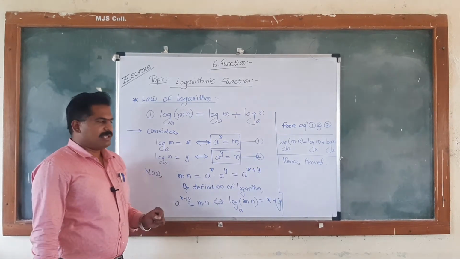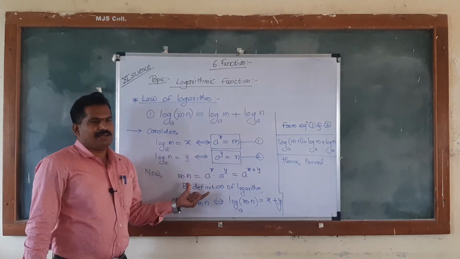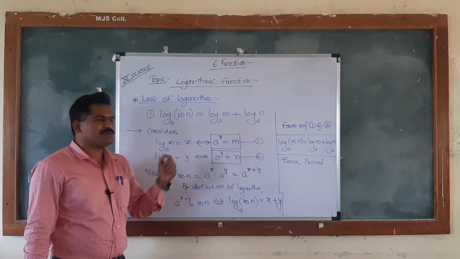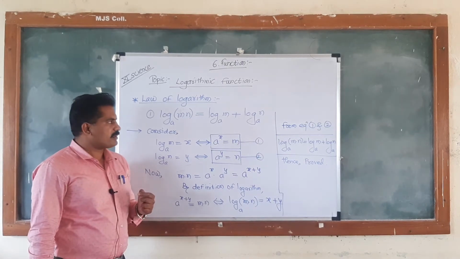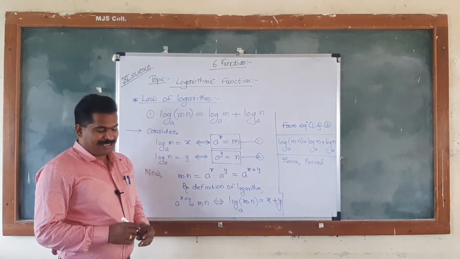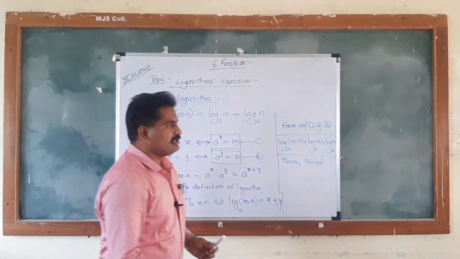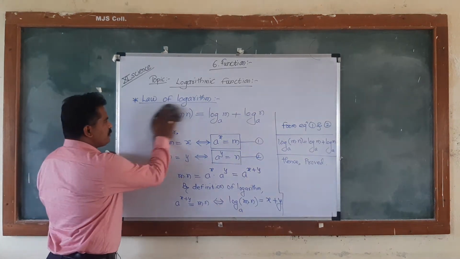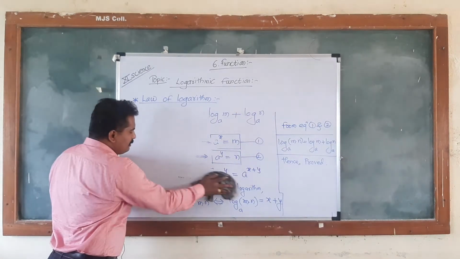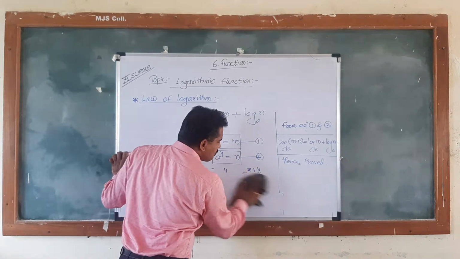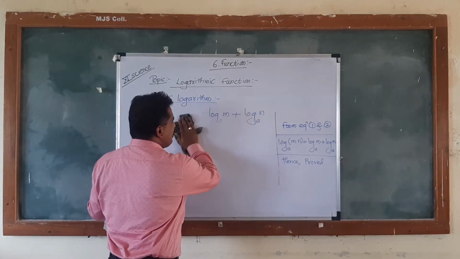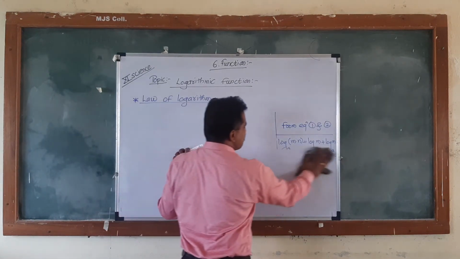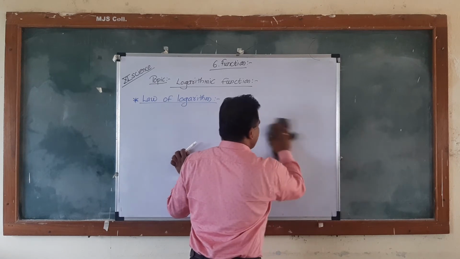This verification is done by proving from LHS to RHS. Now we take the second law directly, and students, I request you to verify each law of logarithm according to this first verification.